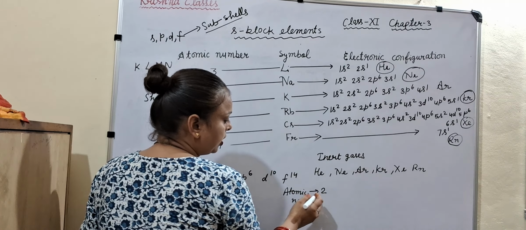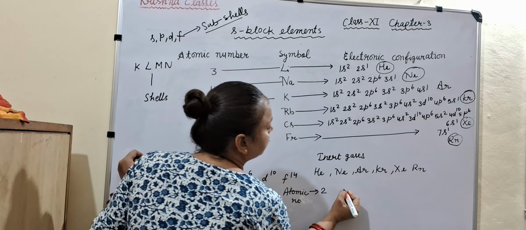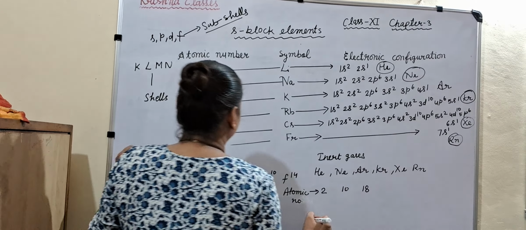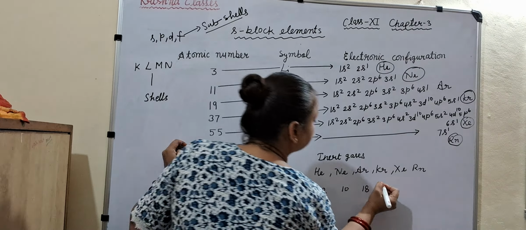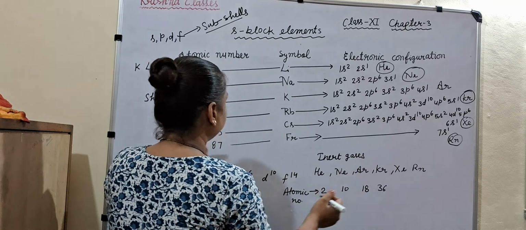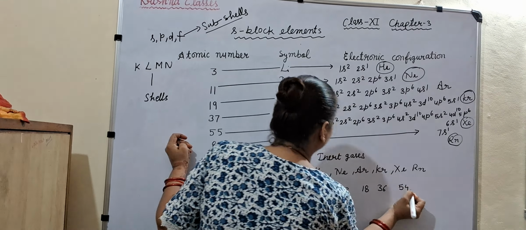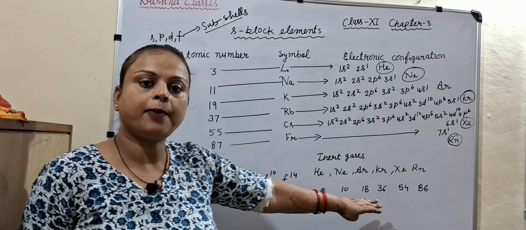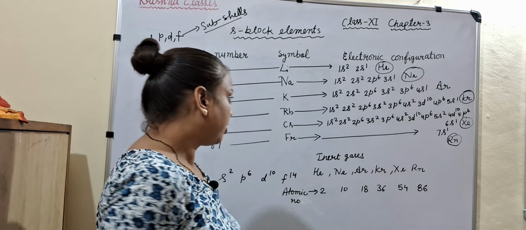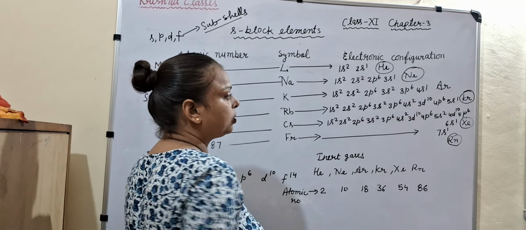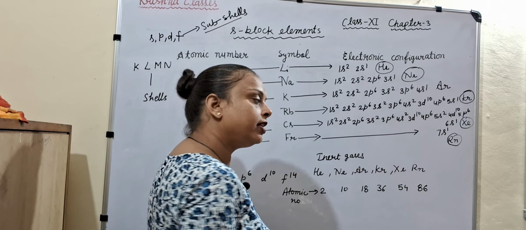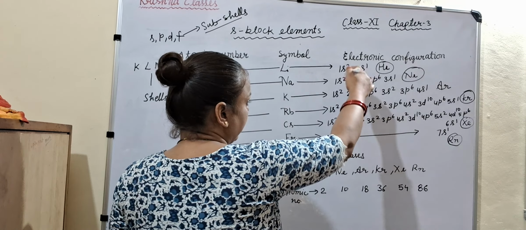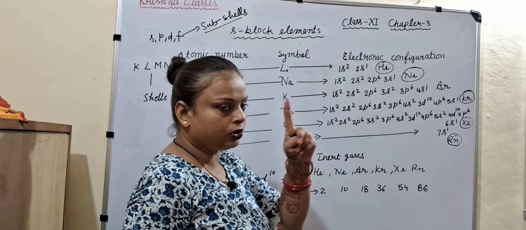Here atomic number 2, neon 10, argon 18, krypton 36, xenon 54, radon 86. So these have complete subshells. When s block elements lose 1 electron, they convert into inert gases. So they are nearby to inert gases by 1 electron.